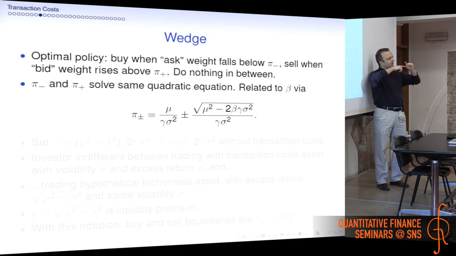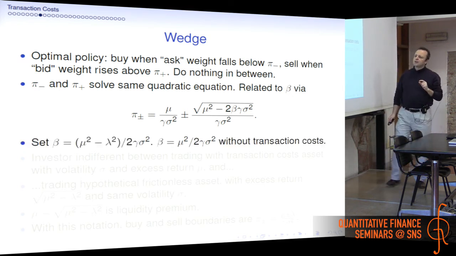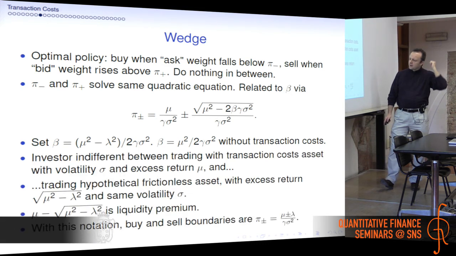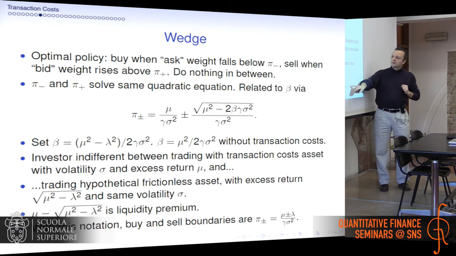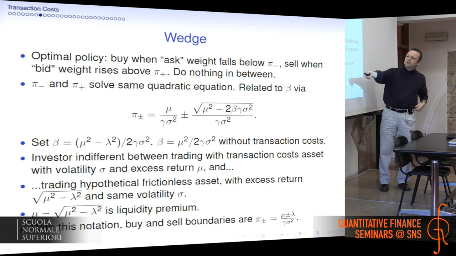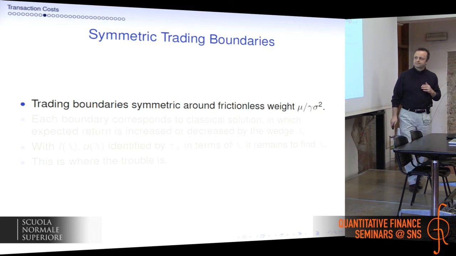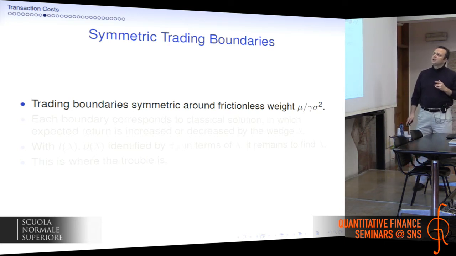You're going to buy when you reach the lower level, and the two levels are symmetric around Merton. Okay? So if you want to be more precise, you can write this beta as the frictional values minus lambda, and then it becomes a simpler formula, but this doesn't really matter, okay? It's just what I said.